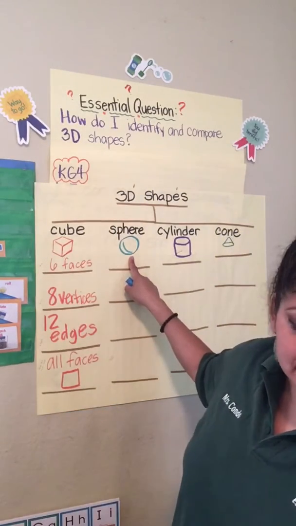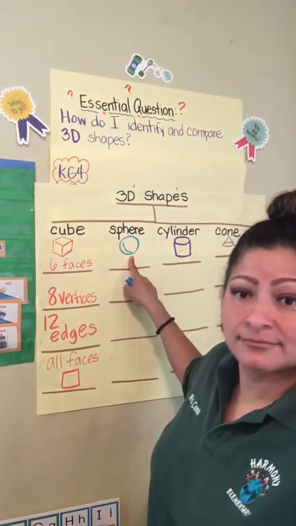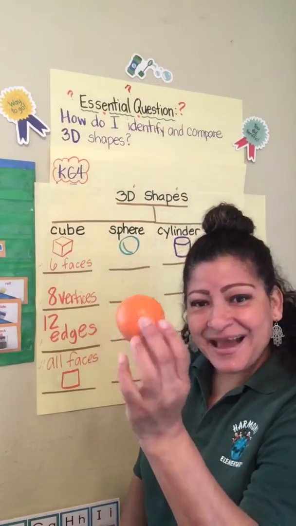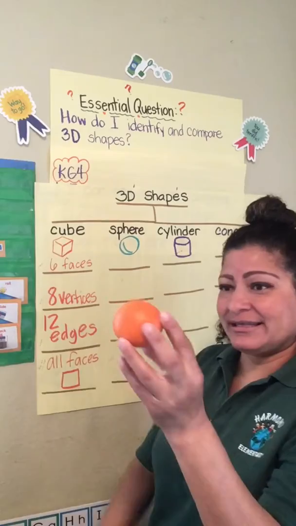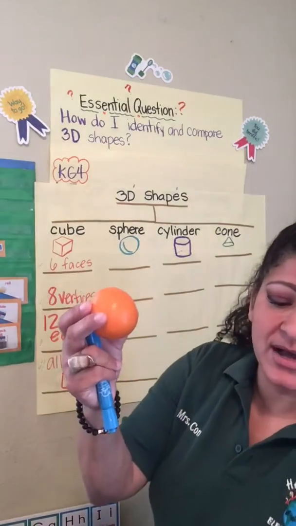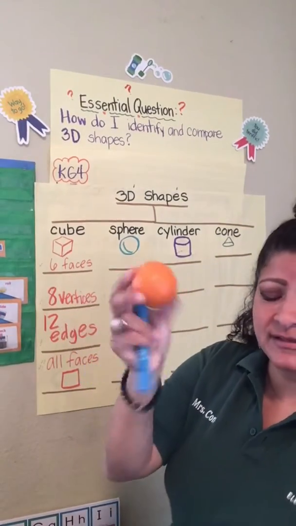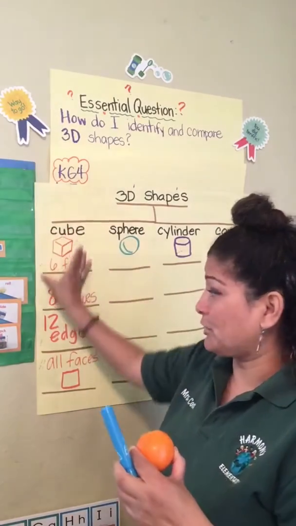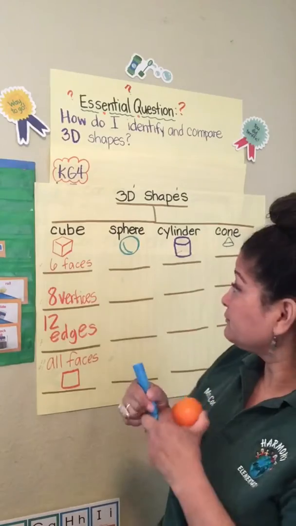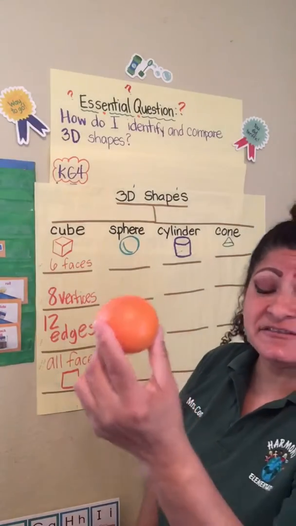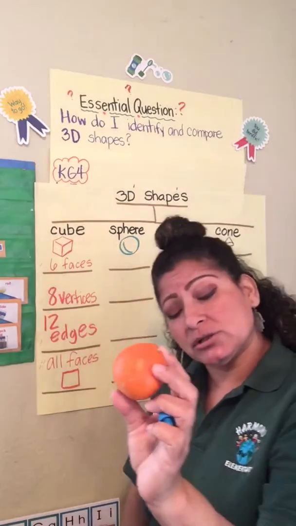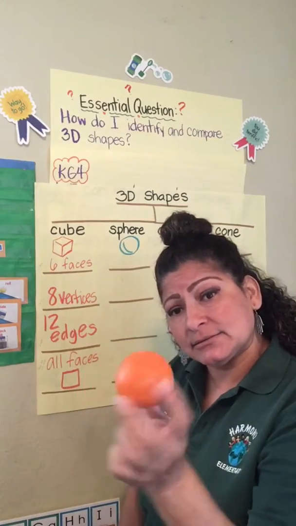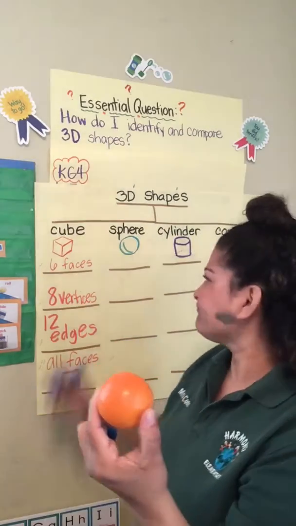Do you know what this is? You got it. My favorite. It's a sphere. So I want to use this orange today for the sphere, and I'm going to use my blue marker because it helps me organize my visuals. So say sphere. Boys and girls, how many faces? Say 0.